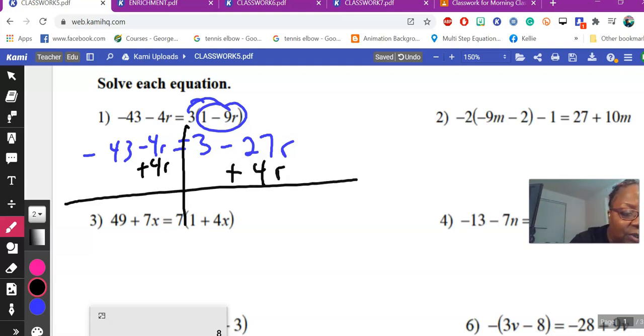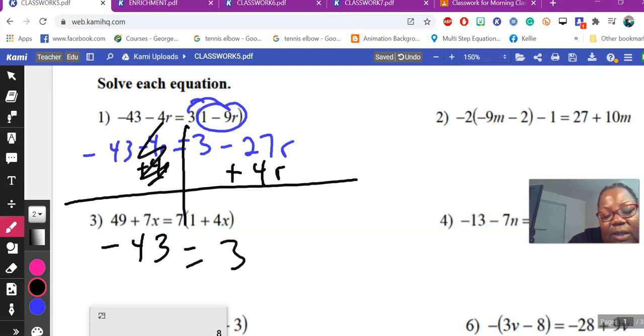There it is, okay? So now what I'm going to do is bring down what I have left. If I do that, I have negative 43, that cancels out, equals 3, negative 27 plus 4, right? It's going to give me, what is that? 3, so 4, 5, 6, 7, yep. It's going to give me negative 23r.